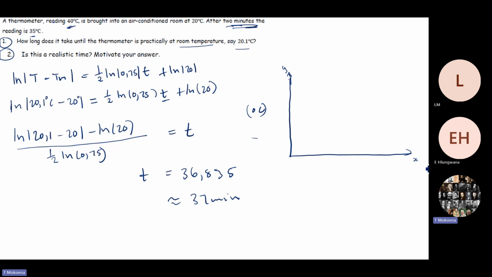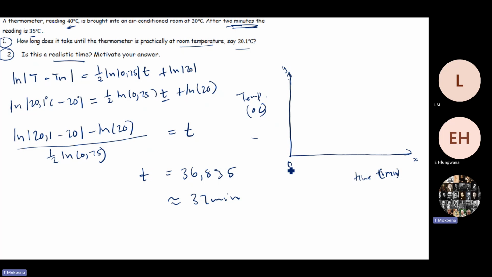And on this side, most definitely, we're going to have time in minutes. Now, we want to understand, is this a realistic time for a thermometer to reach the room temperature?